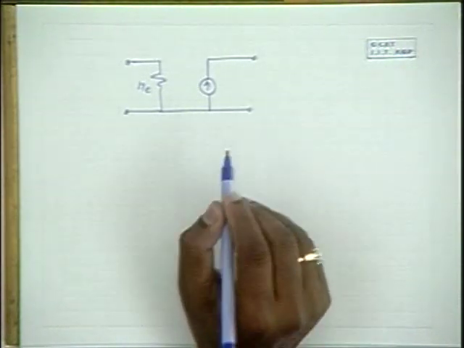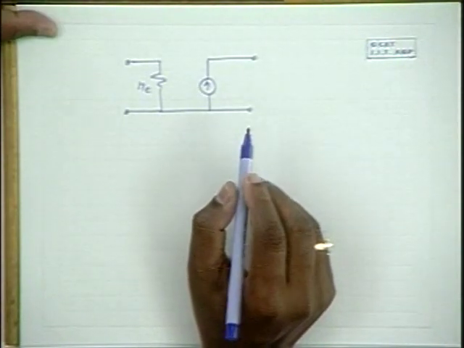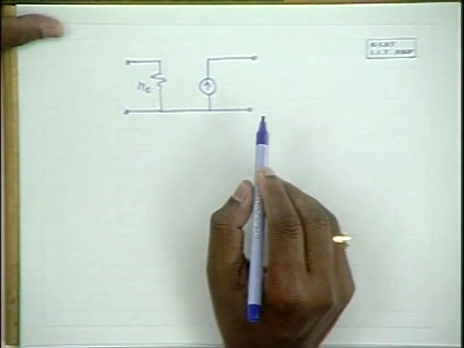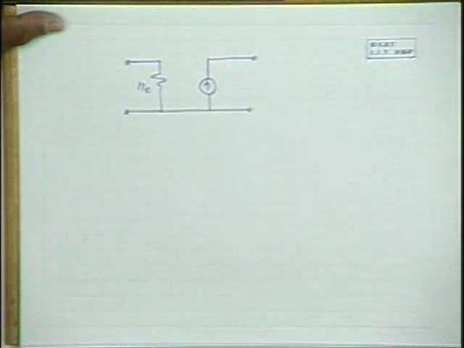Now let us look at the output side. Is there any output impedance? That is exhibited by the transistor.